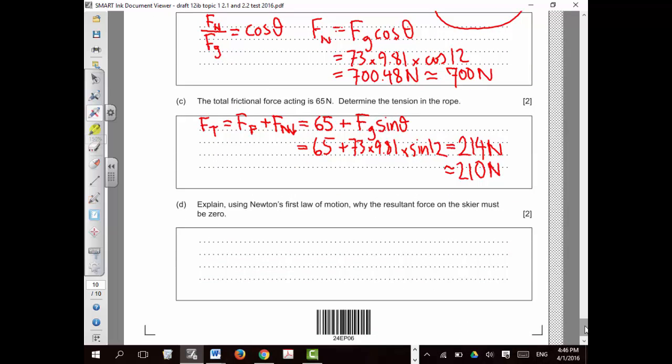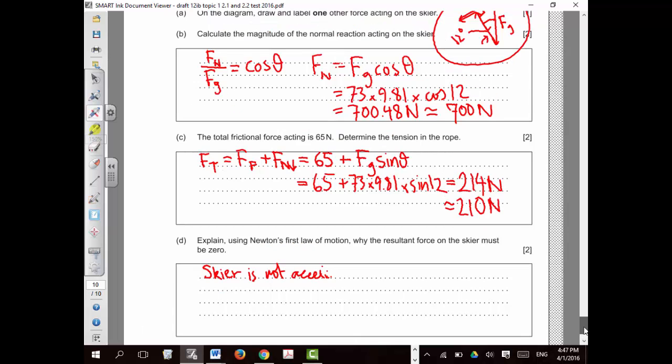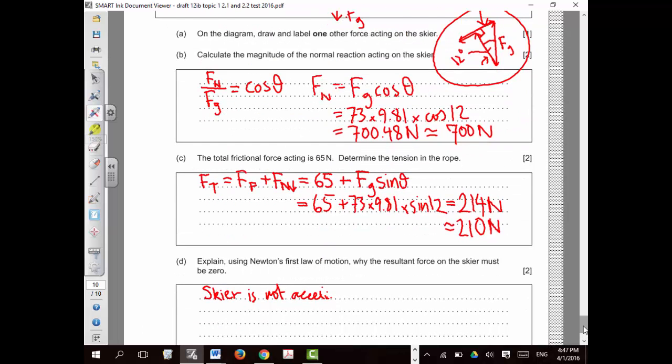Okay, last question. Explain using Newton's first law why the resultant force on the skier must be 0. Skier is not accelerating. Let me just move that down a bit. My pen isn't writing. Accelerating.